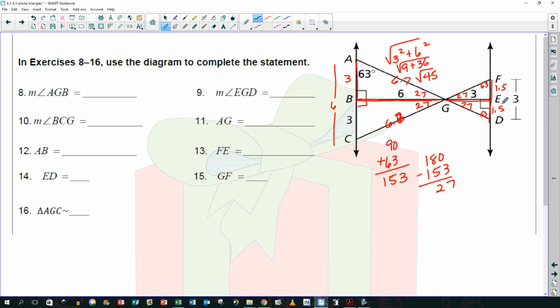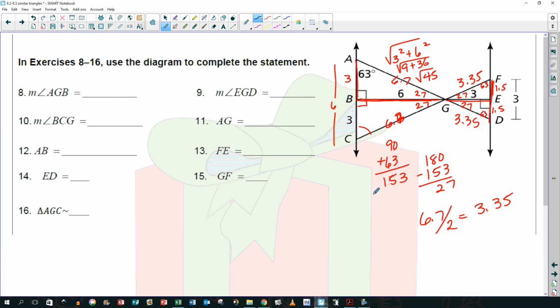And I'll do the same thing over here. Well, actually, to be honest, if this triangle is half of this one, then I can just take 6.7 and divide by 2. And I get 3.35. So that means this is 3.35. So this one is 3.35. Now I know all the pieces.